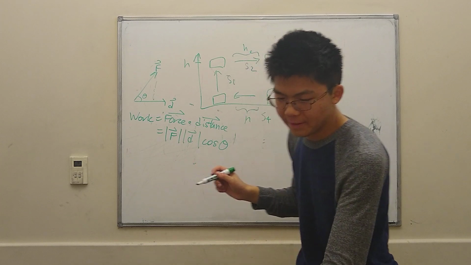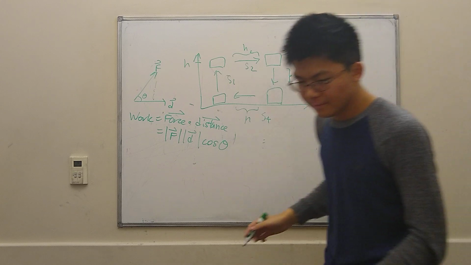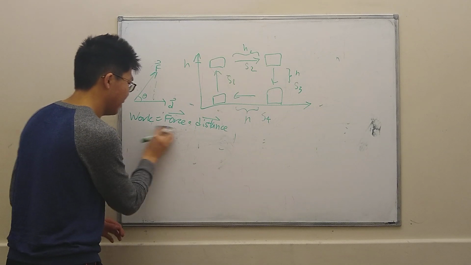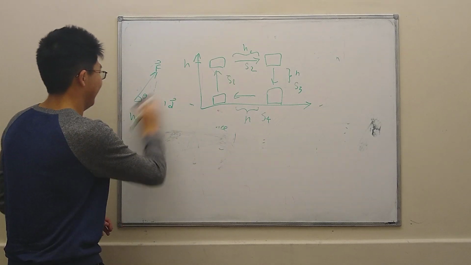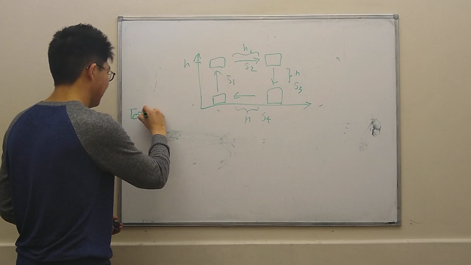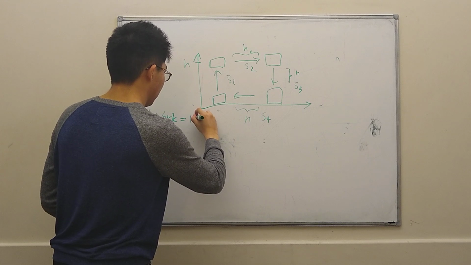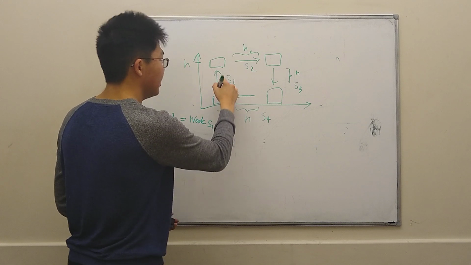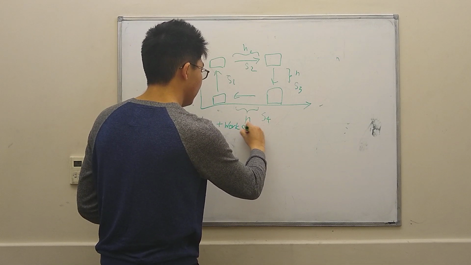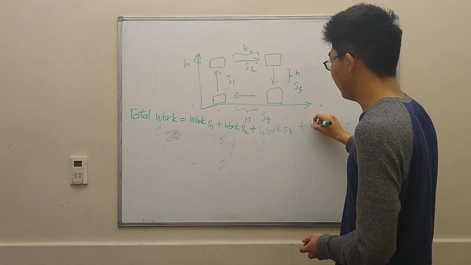Now, once I brought this up, let me try to find the total work of this. If I were to erase this real quick, this mark is terrible. Anyway, the total work is equal to the work on S1, segment 1, plus work on S2, plus work on S3 and S4.